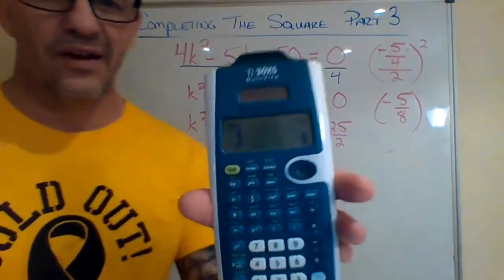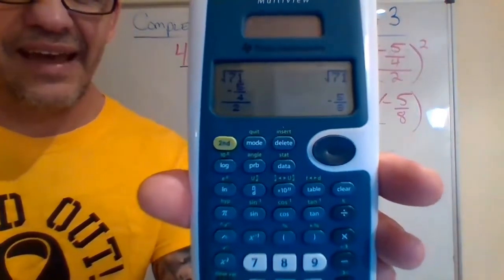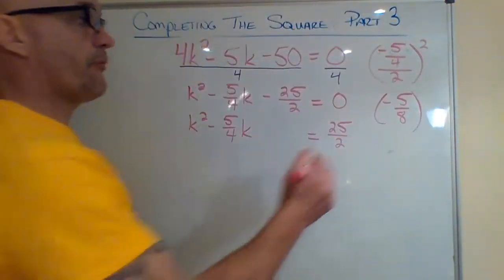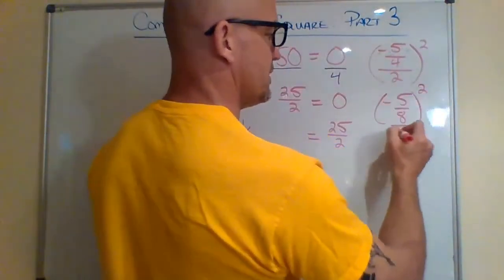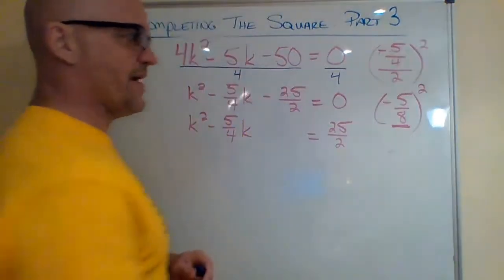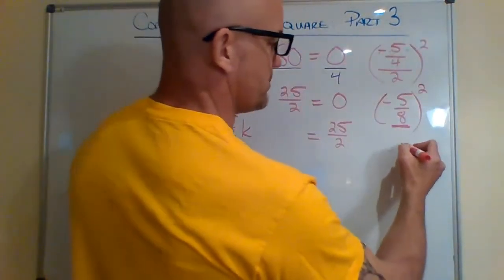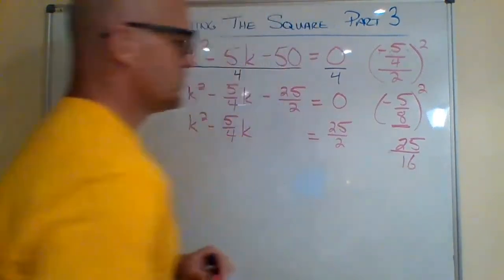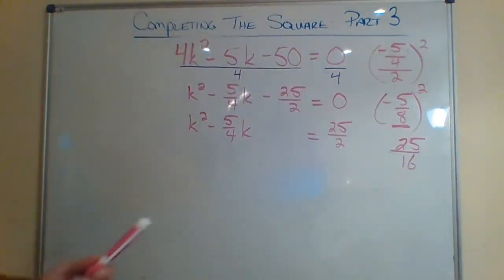So if you see, hopefully I can show you that. See, it'll handle that. It'll do that for you. So before I square this guy, that's my little cheater. That tells me odd factors. When I square that, obviously it becomes positive. I'm dealing with 25/16. So what I'm going to be doing is adding a new C value.